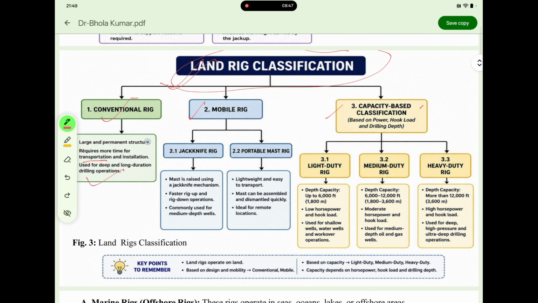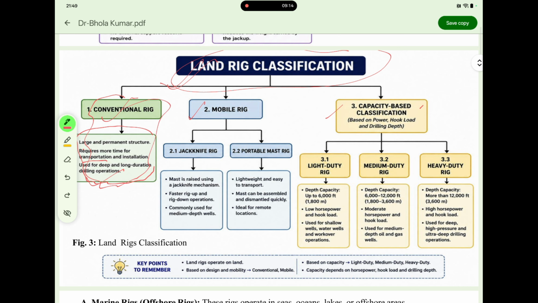So the conventional rig is not a movable rig. This type of rig structure is set up on the surface, it takes a longer time to install, and it is used basically when you want to drill a deeper well, right? So this is all about the conventional rig.